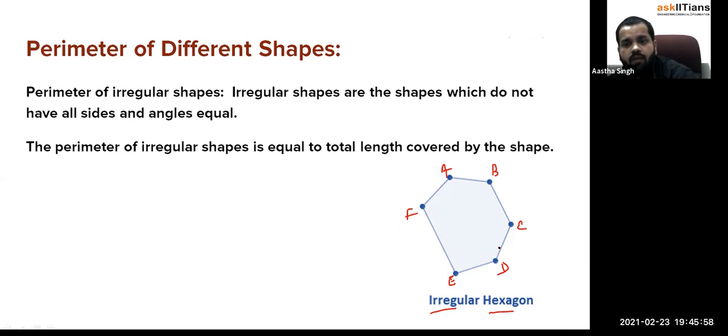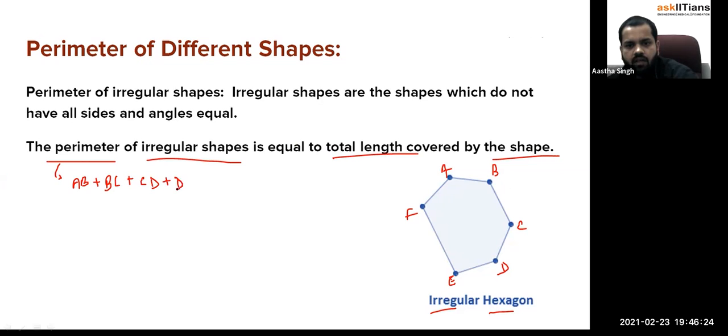So how will you calculate the perimeter? The perimeter of an irregular shape is equal to the total length covered by the shape. Just add the total length. So its perimeter will be equal to AB plus BC plus CD plus DE plus EF plus FA.